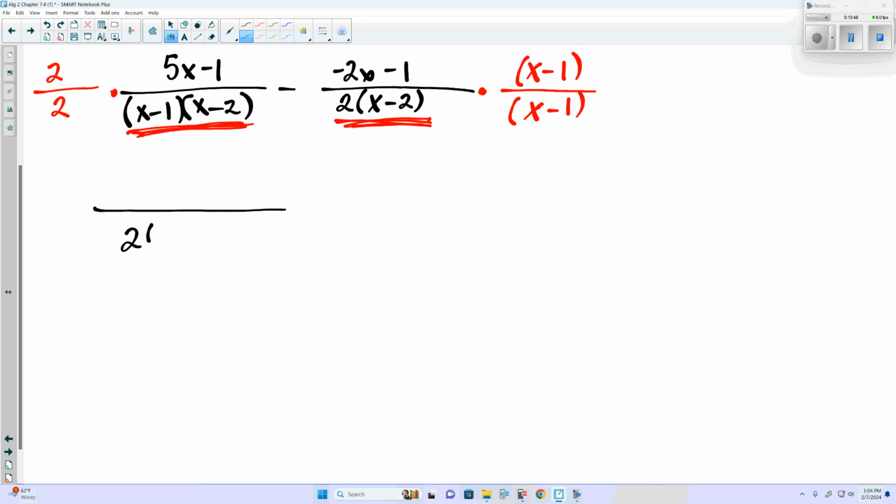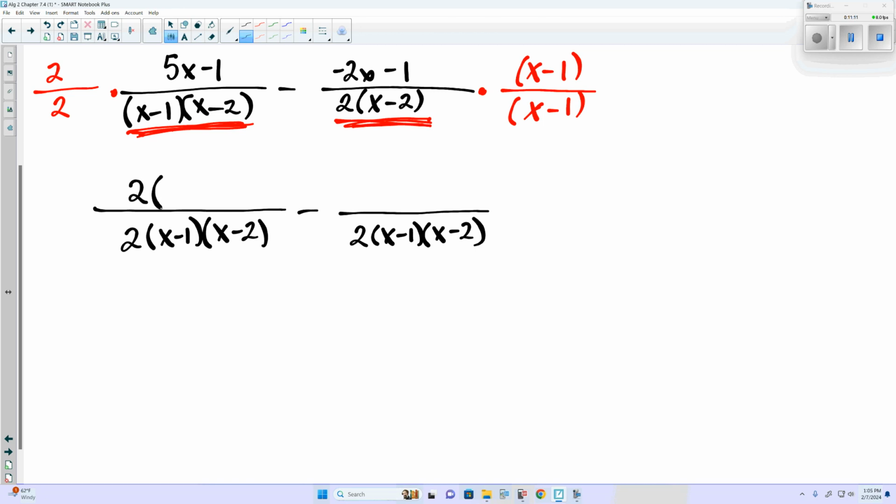And when we multiply the denominators, we get 2 times x minus 1 times x minus 2. The right-hand side, 2 times x minus 1 times x minus 2. And we are going to multiply the numerators.